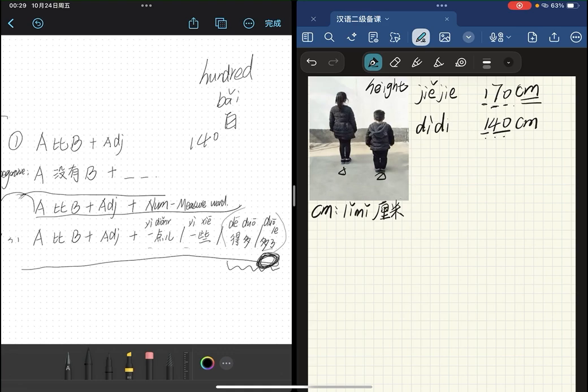Okay. So now, when we compare height, we need to use the adjectives tall or short. Tall in Chinese is 高, and short in Chinese is 矮.